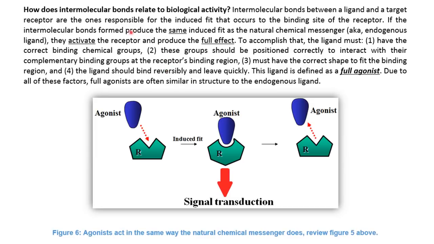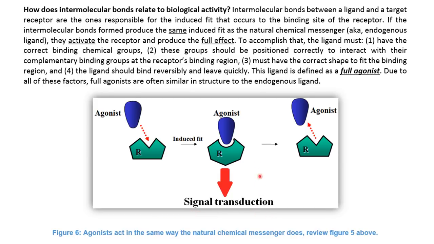Okay, so we have seen how intermolecular bonds affect the affinity. How do they affect the biological activity? The intermolecular bonds are responsible for the induced fit that occurs to the receptor. So if we have the proper induced fit, then we will end up having the signal transduction. And the signal transduction, of course, leads to the biological effect.